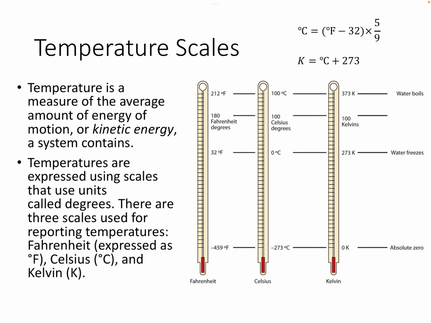So the Kelvin scale is really useful because all of the temperature values are positive. And this is going to come in handy later when we're doing some equations involving temperature, because if you have a negative temperature, sometimes that can mess with your equation. So having a scale that is all positive values can be really valuable.